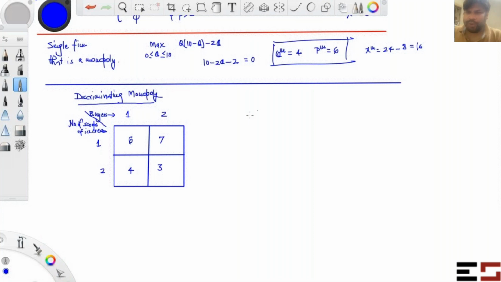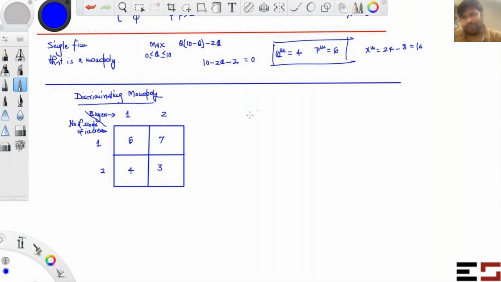Now can you tell me what is the competitive equilibrium in this case? Sir, it would be having a zero price.